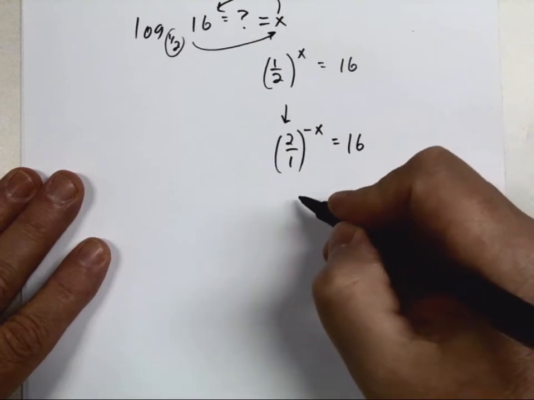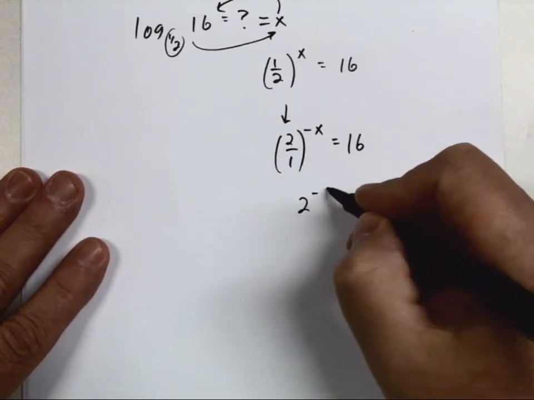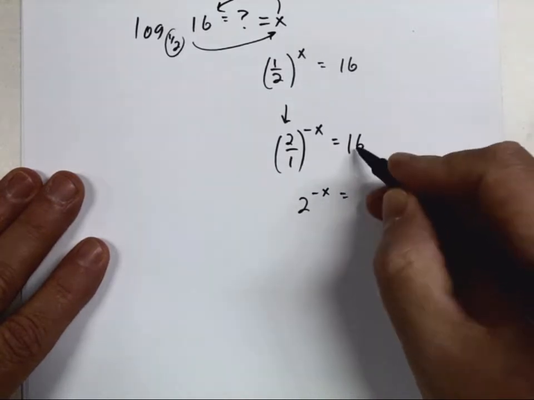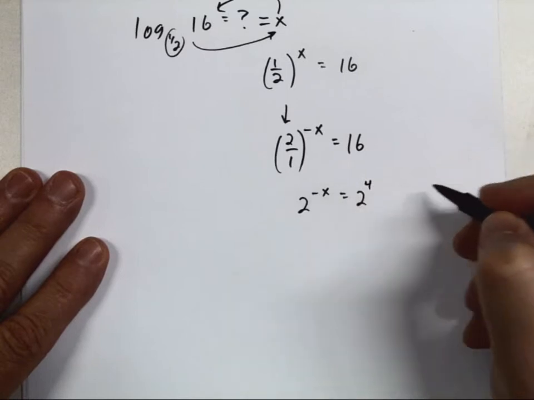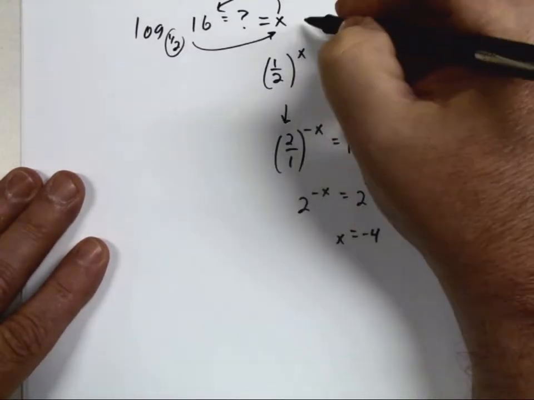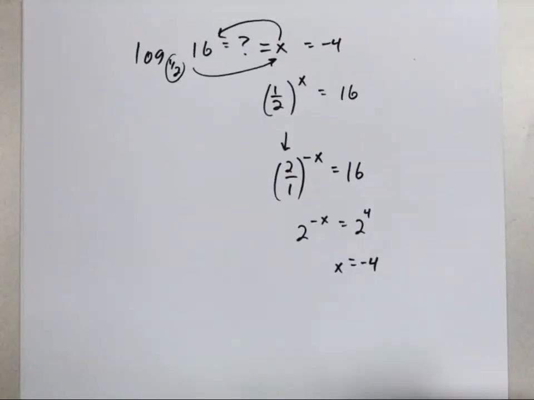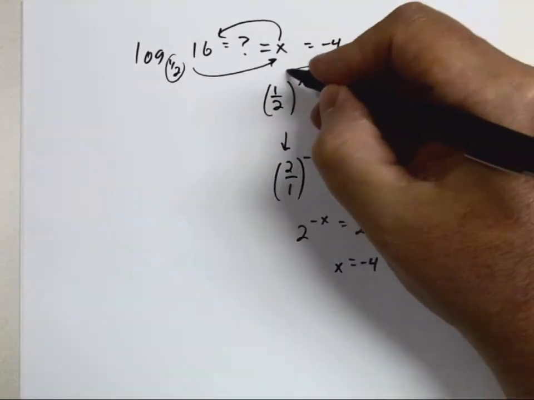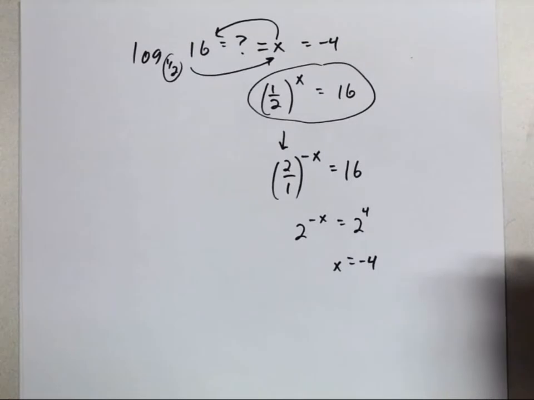This is probably a bad example to do, but anyways, so now I can rewrite this as 2 to the negative x. You know what 16 is? 16 is 2 to the 4th. So as it turns out, x equals -4. All right, that was sort of a trick question. Getting to here is very simple, but then figuring out what to do later on is sort of a pain.